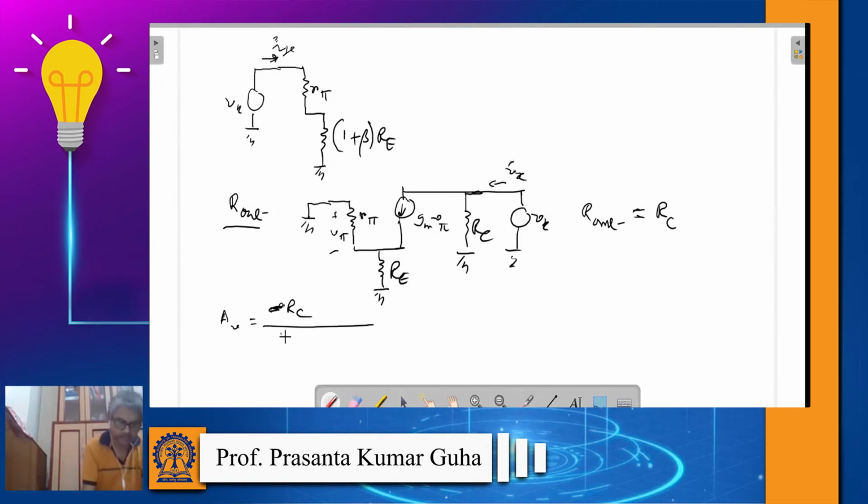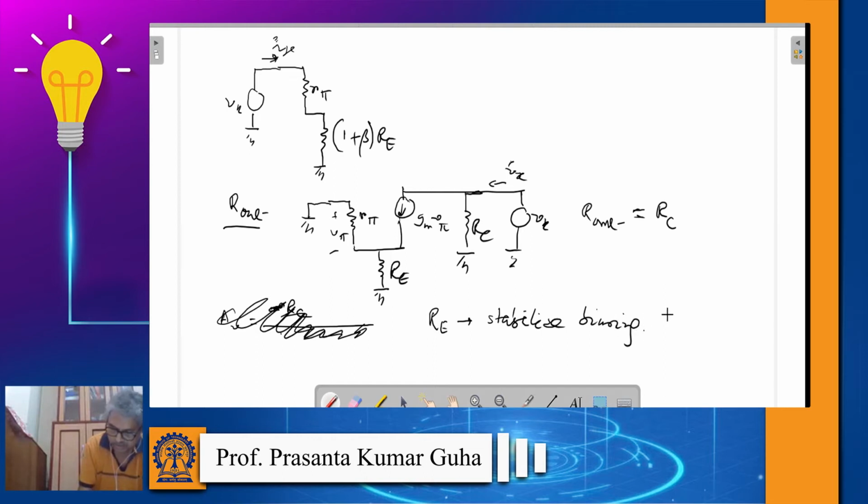Let me go back once more. So what I try to mention here, we have mentioned it already. The purpose of RE, let me repeat it once more. The purpose of RE is it stabilizes the biasing.